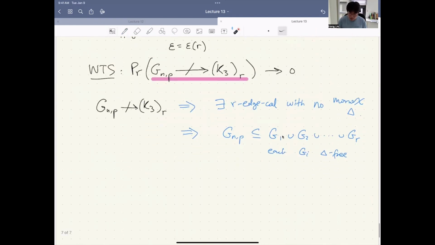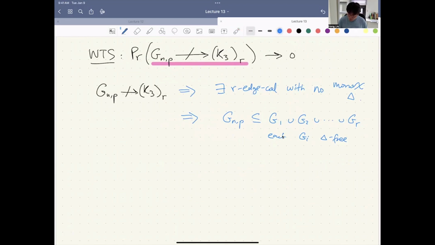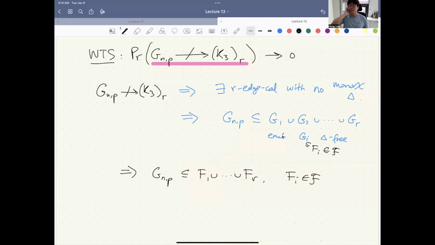So this implies that G(n,p), where each Gi is contained in some container in F, is contained inside some F1 union up to Fr, where each Fi is a container in F. That's what it means, right?